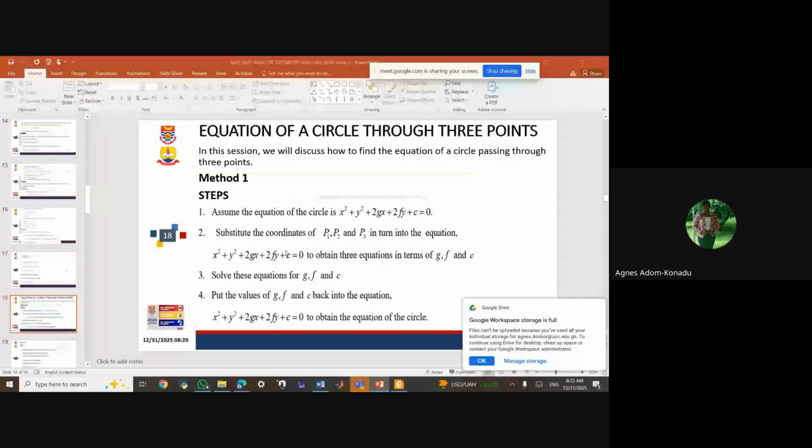You can solve them simultaneously, or use any method that you know, maybe a matrix approach or any approach. So you solve to get the values of g, f, and c.